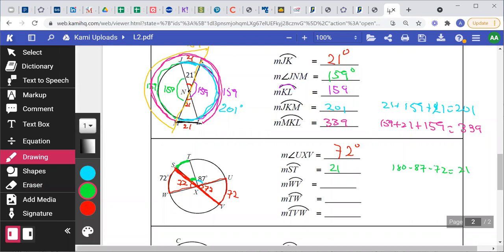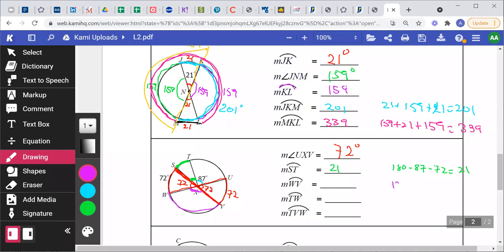Then I want to find arc WV. WV is this arc here. And I know this arc and the angle formed down here are going to be the same. And I know 72 plus the purple arc here will add up to 180.